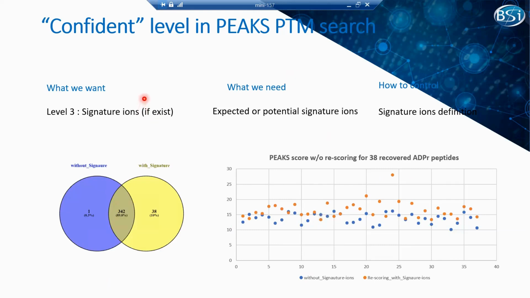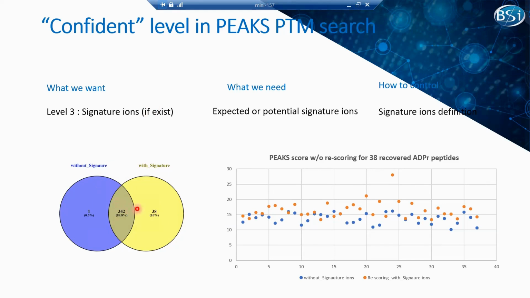Okay, and the next question is, with the signature ion, how could we find more? Could we find more PSMs or PTMs based on the signature ions? This is the example we use in the demo project. You can see that if we re-score with the signature ion, we can find 38 more PSMs compared with without the signature ions.